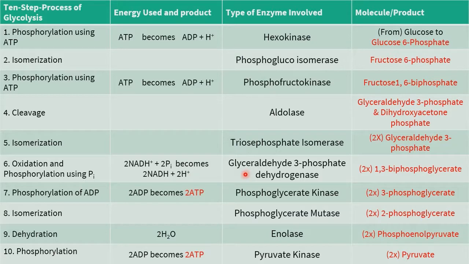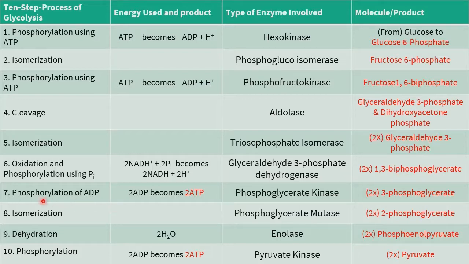The enzyme utilized here is called glyceraldehyde 3-phosphate dehydrogenase. So we again have two molecules of 1,3-bisphosphoglycerate. That's the molecule we are producing here.